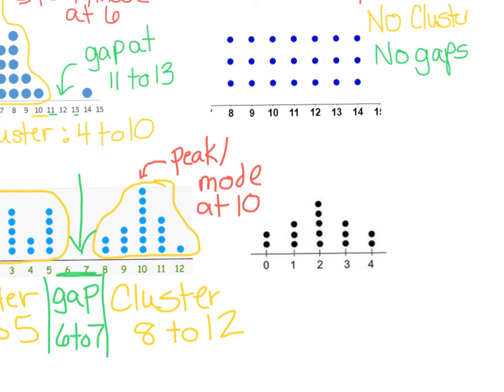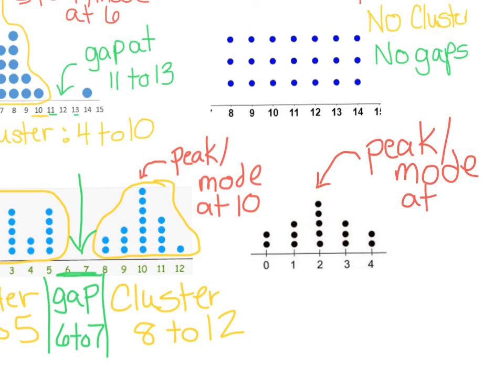We can see here that the highest point, our peak, is at 2. Remember, our peak is also known as our mode, is at 2. And if we noticed here, all the information is kind of already clustered together.